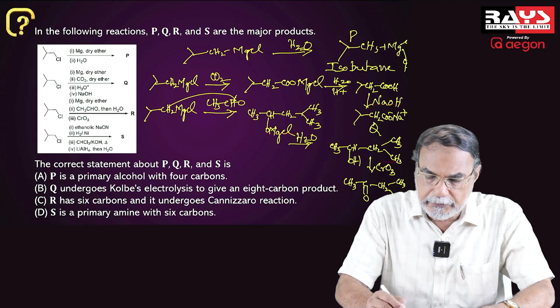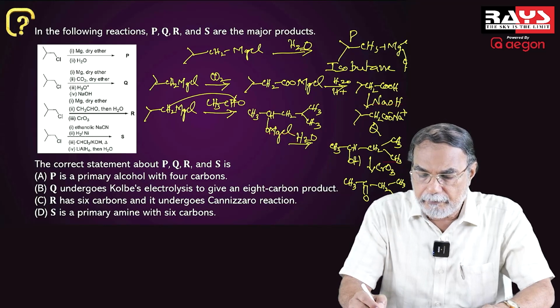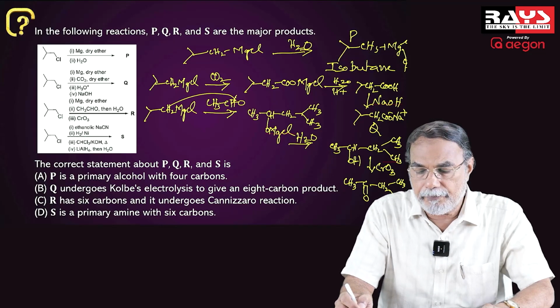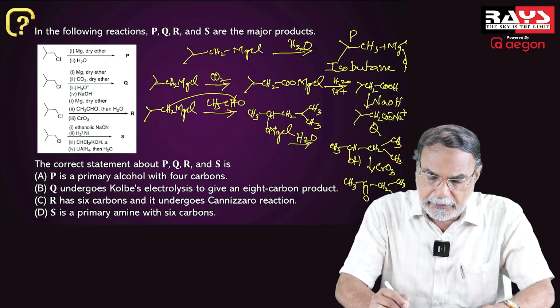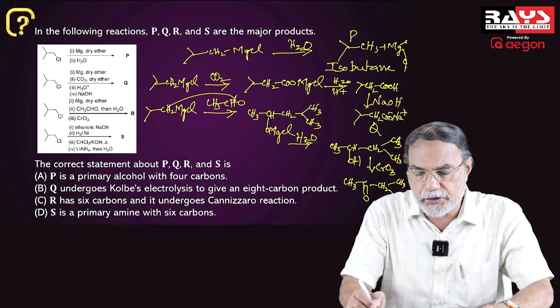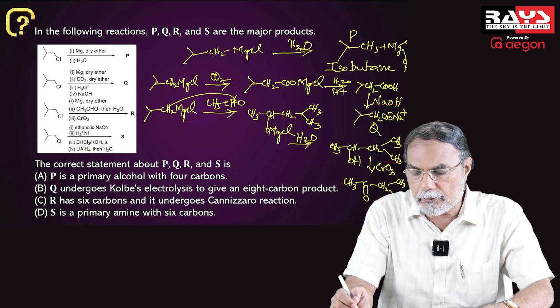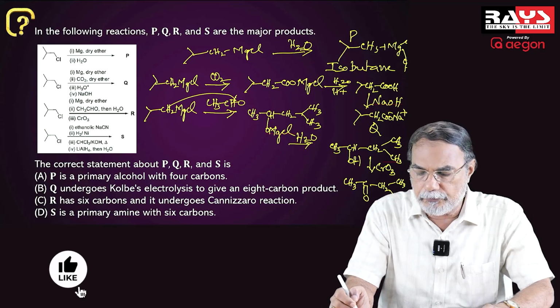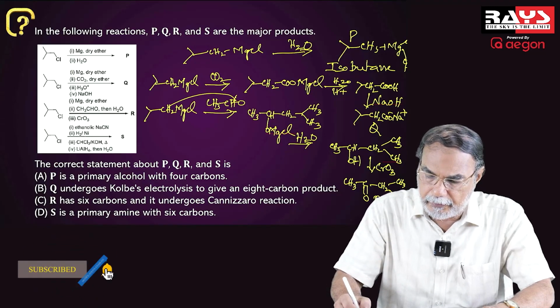In second case, the Grignard reagent reacts with carbon dioxide forming an addition product, which on hydrolysis gives a carboxylic acid, which on reaction with sodium hydroxide gives the sodium salt of the carboxylic acid. Now the third case, again the Grignard reagent reacts with acetaldehyde, forming an addition compound which undergoes hydrolysis to give a secondary alcohol, which is oxidized by chromium trioxide in the third step, forming a ketone as a product. So that is the product R.